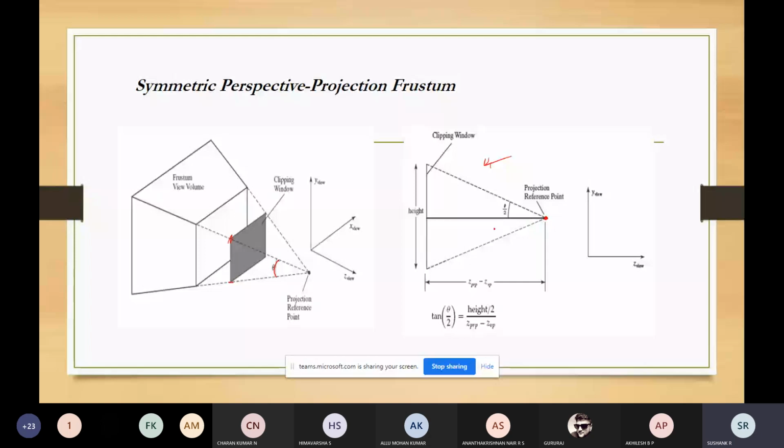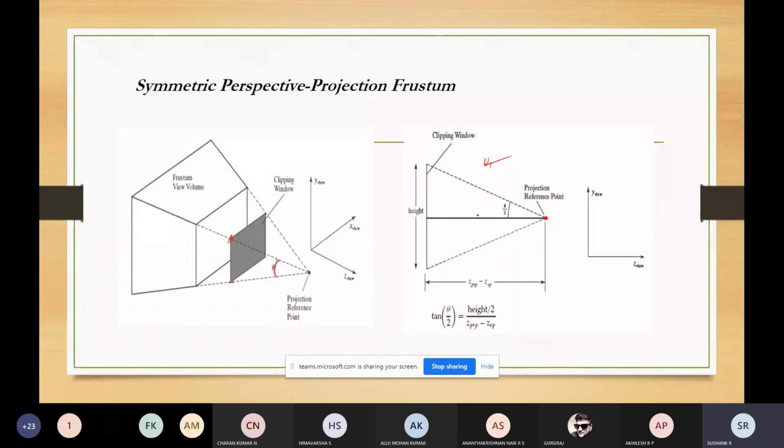You can calculate the height of the clipping window. You can also have additional parameters which define the clipping window dimension, like the aspect ratio or the width of the clipping window.